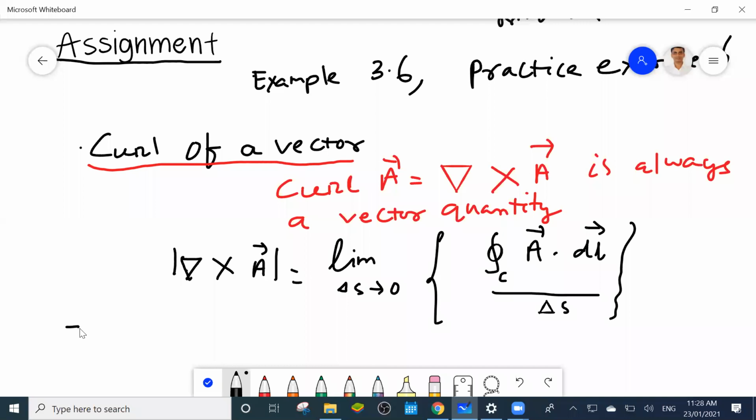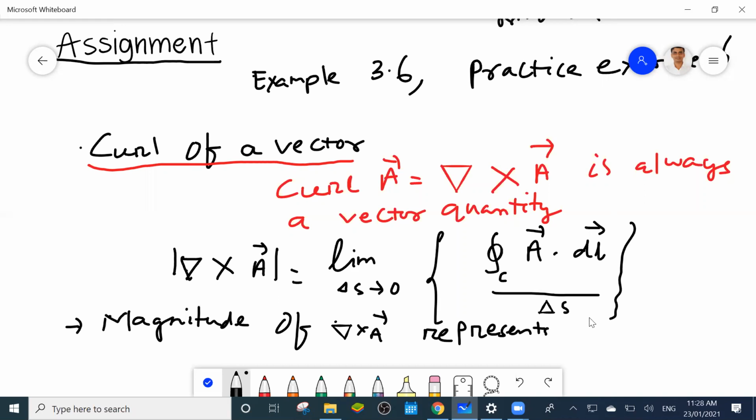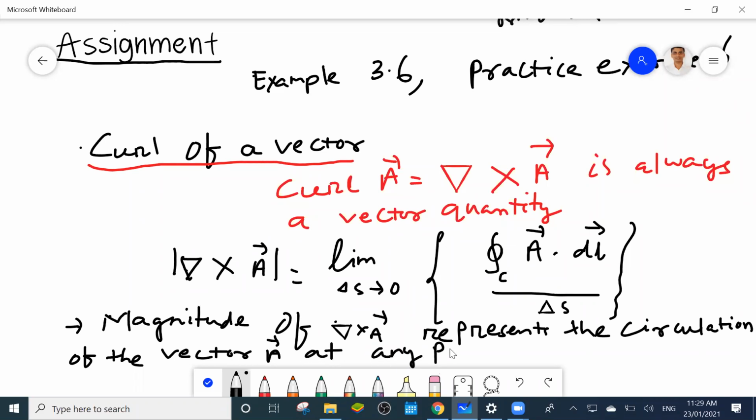You can write: the magnitude of del cross A represents the circulation of the vector A at any point in the electromagnetic region.